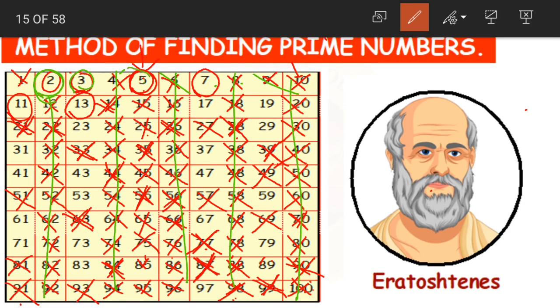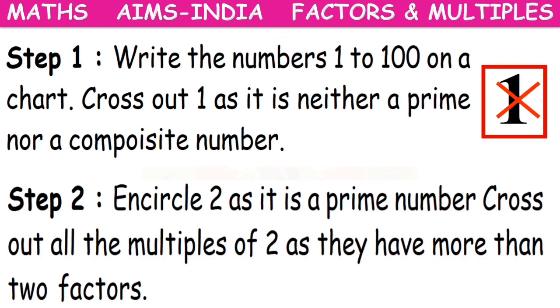Then encircle 5 and cross out all the multiples, that means ending with 5 and 0. Next, encircle 7 and cross out all the multiples of 7. And the remaining numbers will be our prime numbers. Understood, children, the concept of prime numbers here?